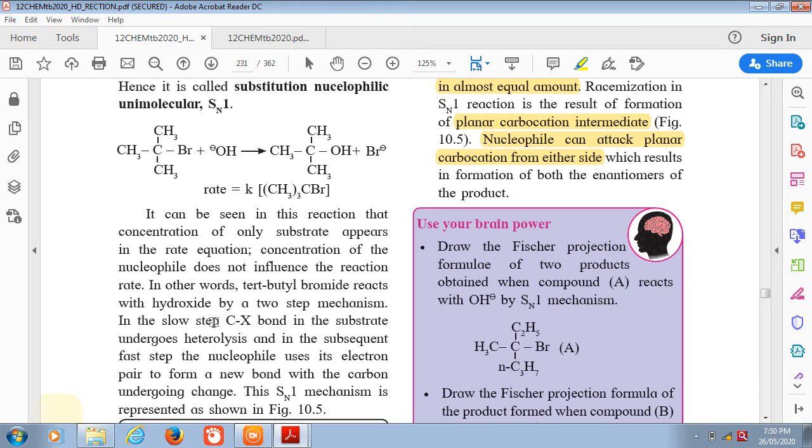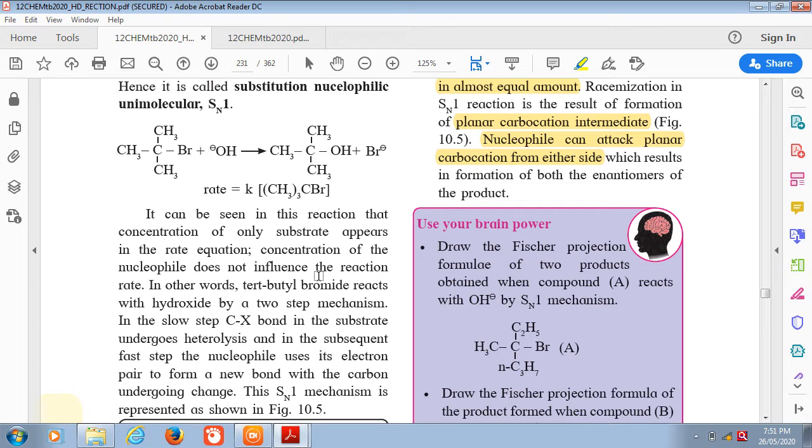If you observe this reaction, the concentration of the substrate appears in the rate equation, so it is studied by kinetics, and the concentration of the nucleophile OH minus does not influence or affect the reaction rate.